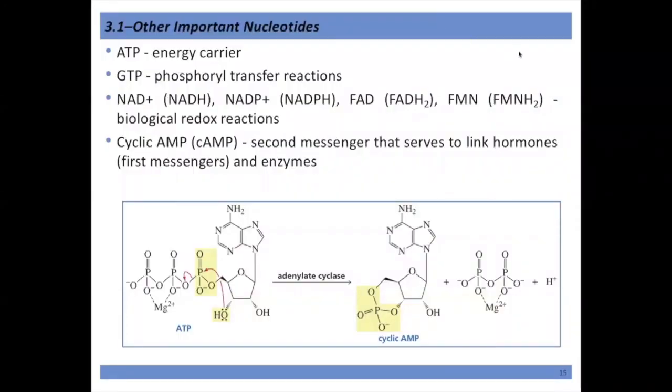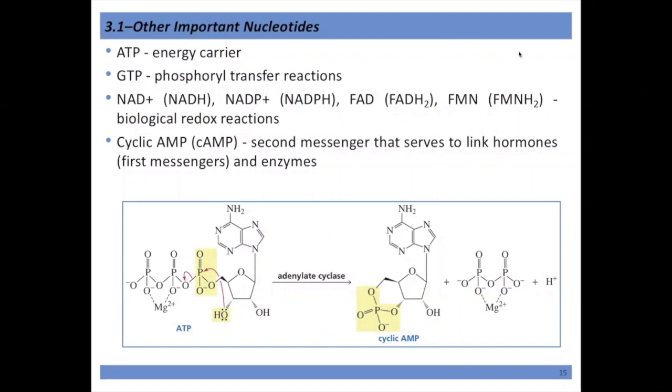Okay, there are a lot of other nucleotides. ATP, of course, is one that you've heard of. We'll talk about GTP later on. There's NAD+, NADH, NADP+, NADPH, FAD, FMN. Anyway, we'll see that these nucleotides are actually found throughout biological processes.